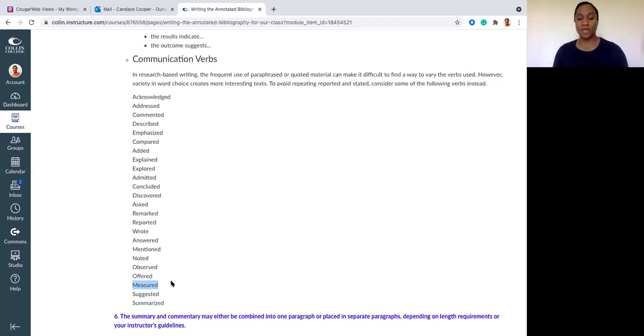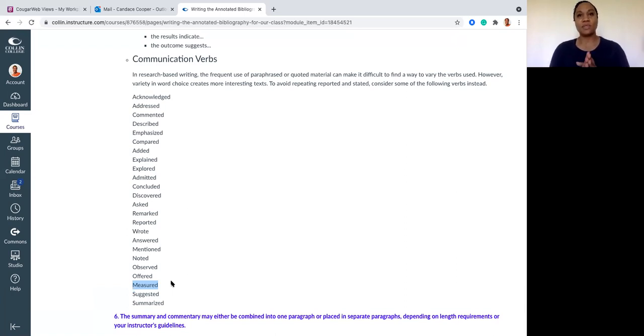Now, this is important because for each article you cover, you want to attribute the ideas that you were summarizing to the author so it doesn't sound like you're the person who did this research. You want to make sure that you attribute it to the author because they are the people who did the research. You are the person who's reporting what they said.